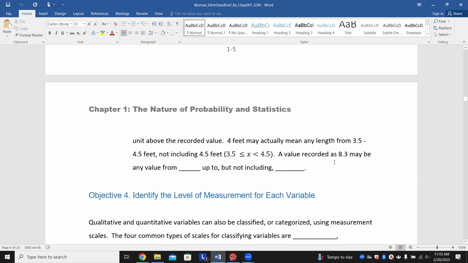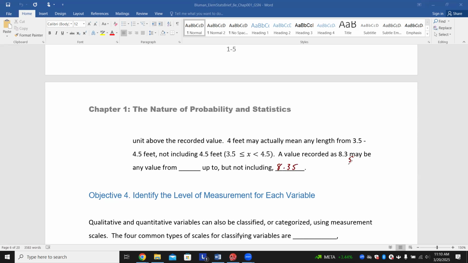So a value recorded at 8.3 may be any value of... So what we do is we go basically 5 points past that decimal on top and bottom. So here, if it's 8.3, if I add another 5 at the end there, that's going to give me 8.35.